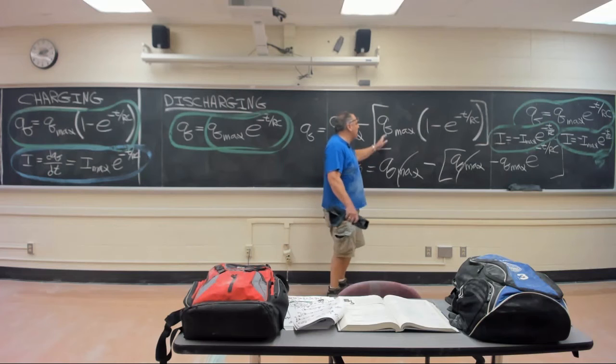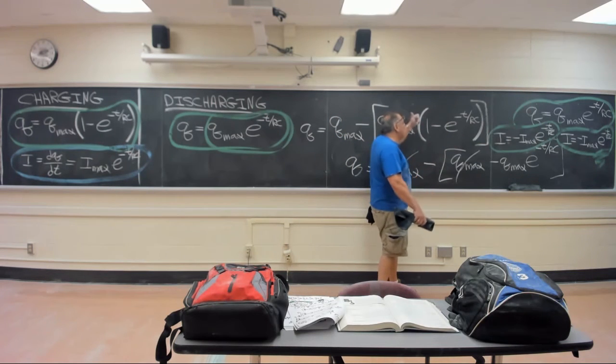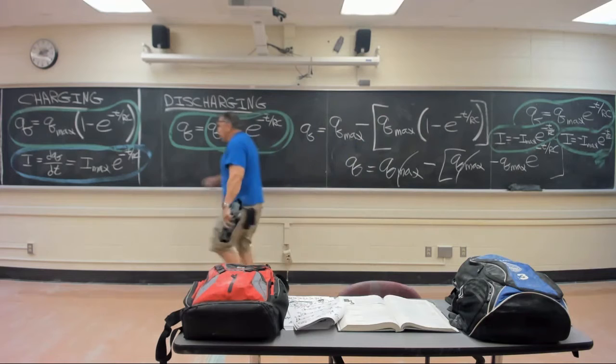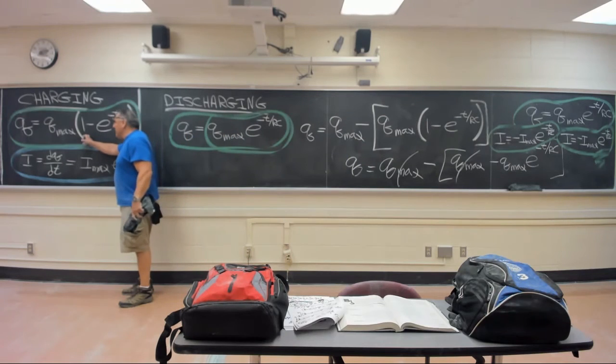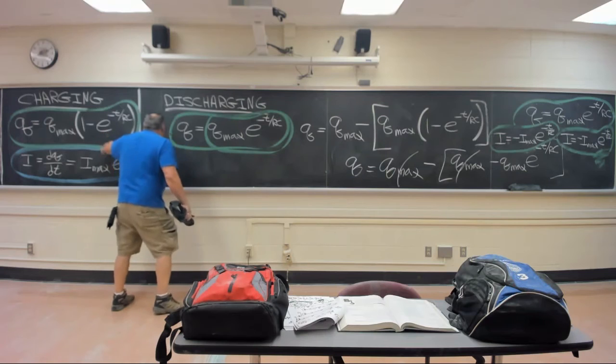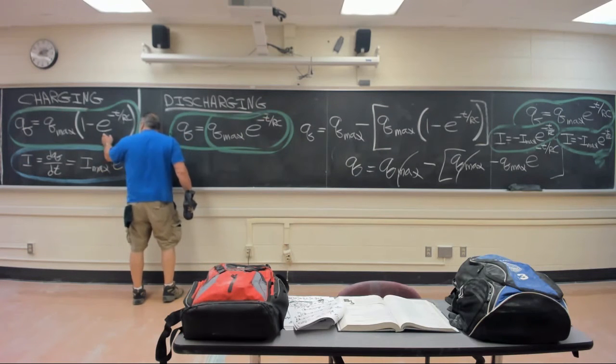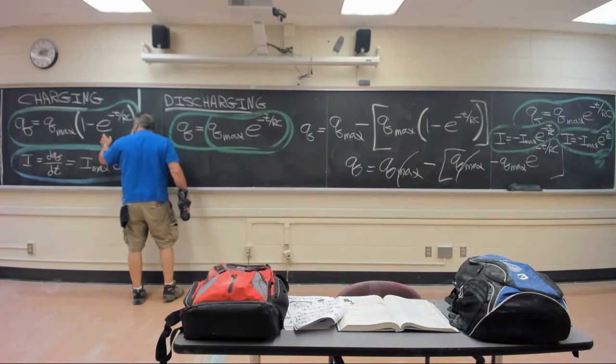When you're discharging a capacitor, this is the amount of charge that would have been on the plate in a period of time. But now, when you're charging, certainly this is the amount of charge that's on the plate after a certain period of time, charging it up at this rate. And this is the amount of charge on the capacitor plates as you're charging the capacitor.